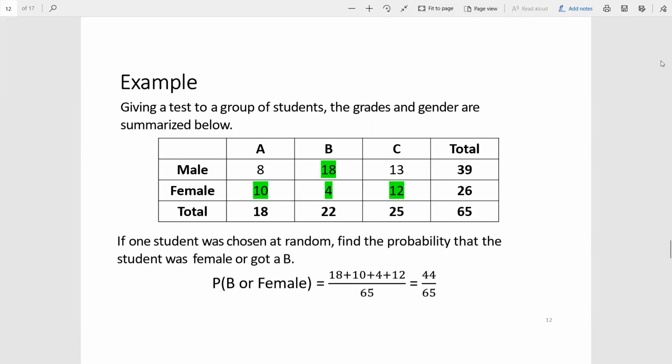The ones that are female or got a B, out of a total of 65 students. So the probability of a B or female is add up 18 plus 10 plus 4 plus 12 is equal to 44 divided by 65, where 65 is the total number of students.